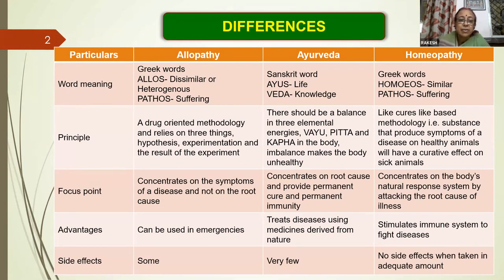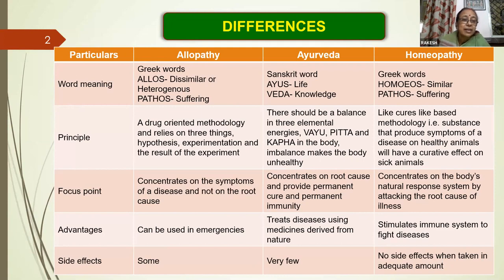In acute cases, if there is an emergency, we should go for allopathy. Whereas if there is time, in case of skin disease, the treatment of Ayurveda is very useful. Homeopathy stimulates the immune system to fight against the disease. The duration of immunity will be long and the disease will be cured from the root.